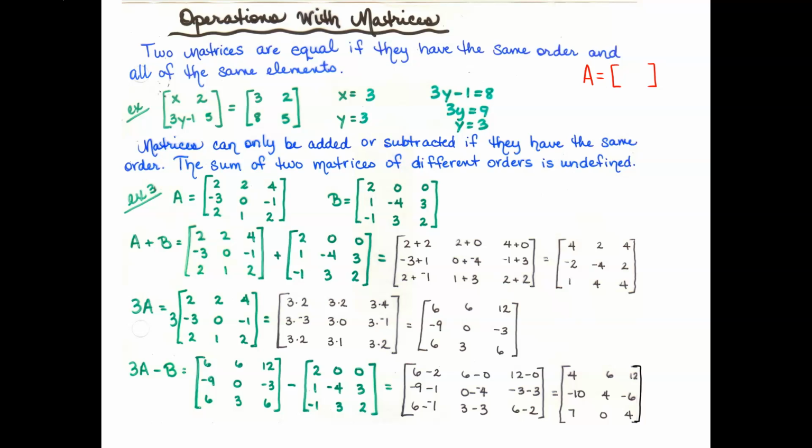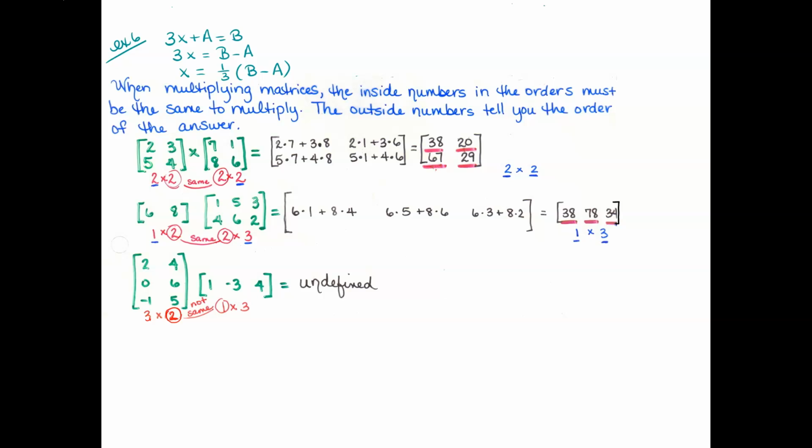Now, let me just make a suggestion to you. If you have a problem where they give me something like 3x plus A is equal to B, rather than putting in matrix A and matrix B and having this great big thing with all these numbers in it, and then in the next step rewriting them both again, it's a good idea to just leave the letters in there for the matrix and then solve that like you normally would.